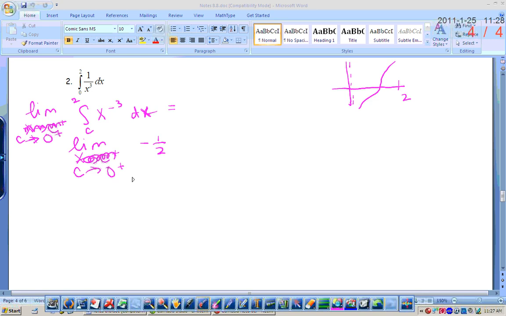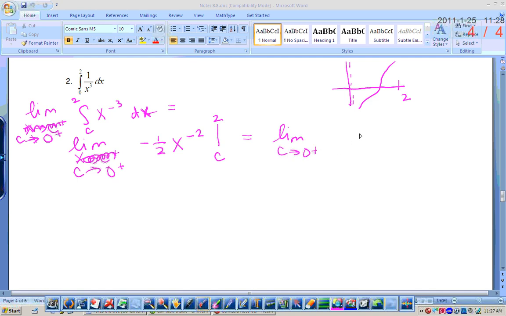Okay, so what's the integral of x to the negative 3? Okay, limit as c approaches 0 from the right.